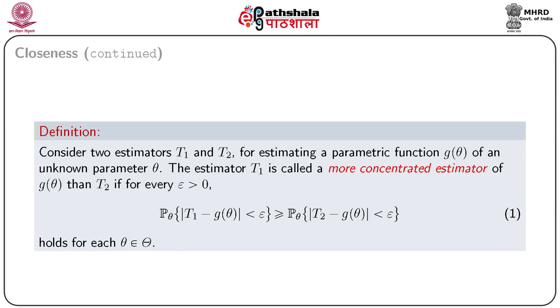The estimator T1 will be called more concentrated estimator of g theta than T2 if for every epsilon greater than 0, probability under theta mod T1 minus g theta less than epsilon is greater than or equal to probability under theta mod T2 minus g theta less than epsilon for all theta belongs to script theta. Let us write this equation as star.